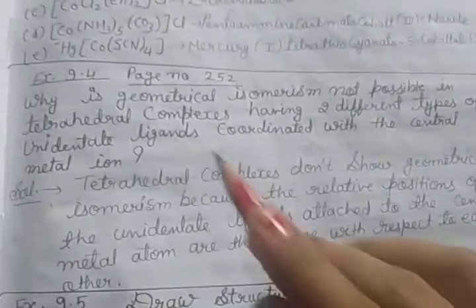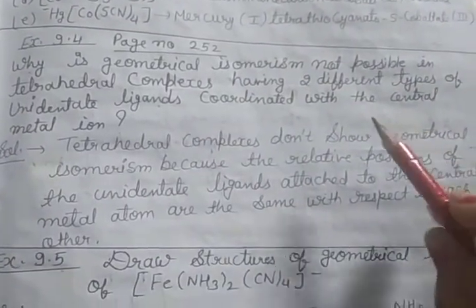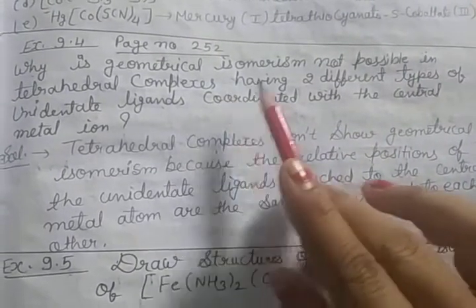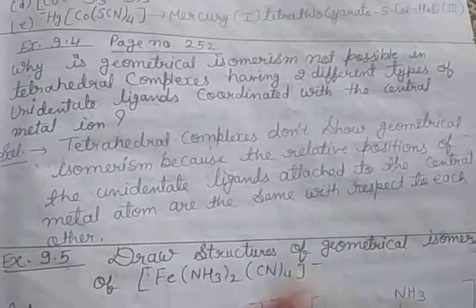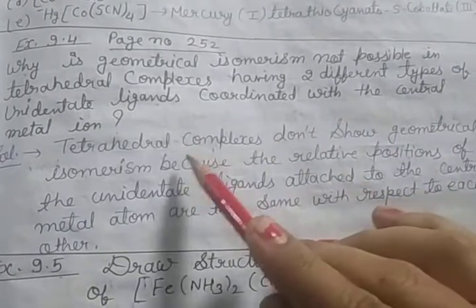Next question is, why is geometrical isomerism not possible in tetrahedral complexes having two different types of unidentate ligands coordinated with the central metal ion?